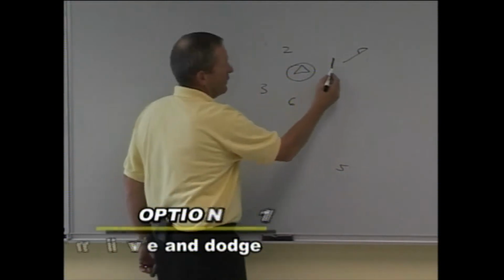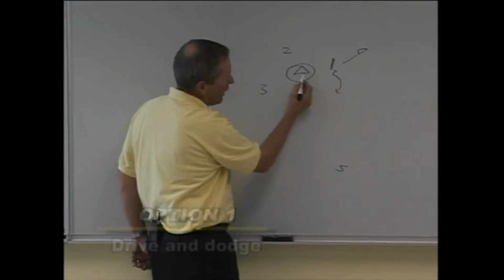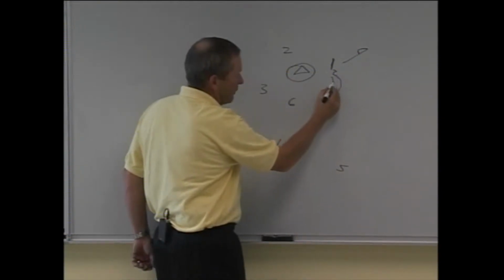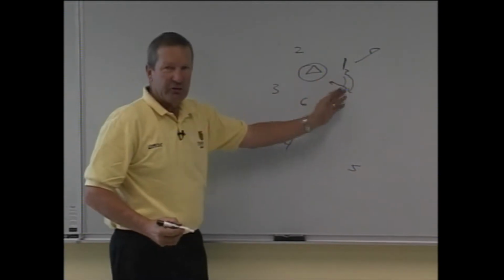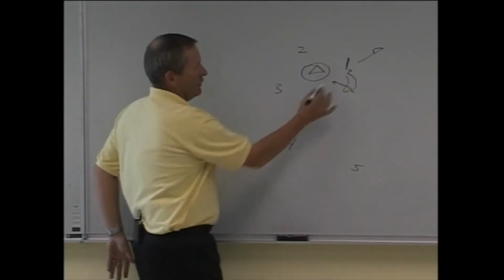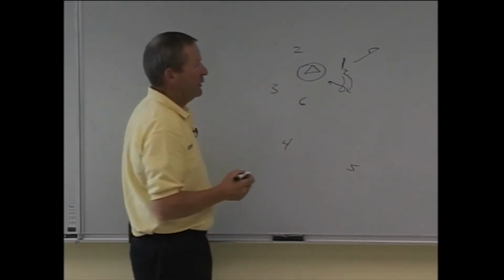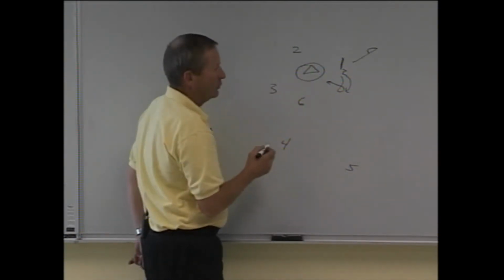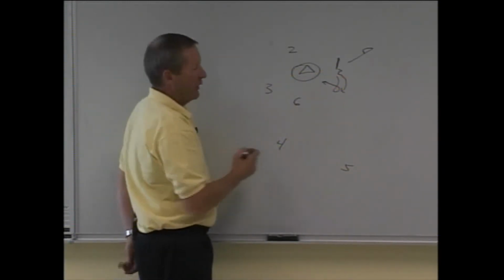His first option is he can drive and dodge, try to get topside and get a good shot, maybe possibly come up here and roll underneath and get a good shot. It's his dodge. It's his decision to do. As you can see, there are not very many people left to help out and slide to him initially when he starts this move, because 6 has cleared out, 3 has cleared out, their men have gone with them.